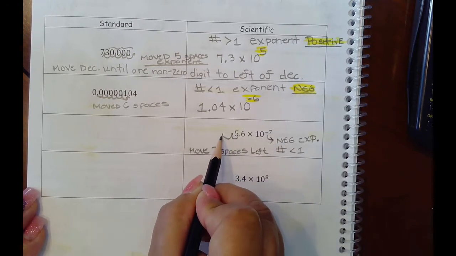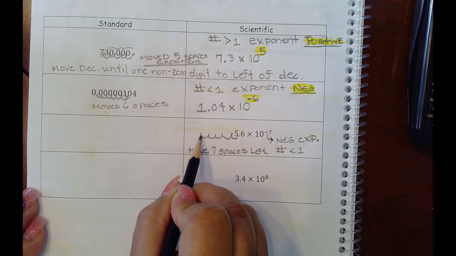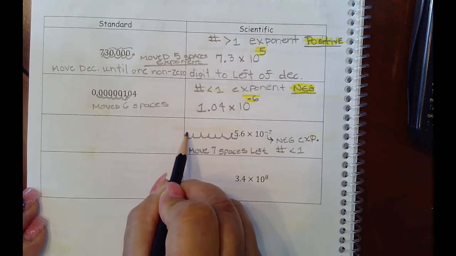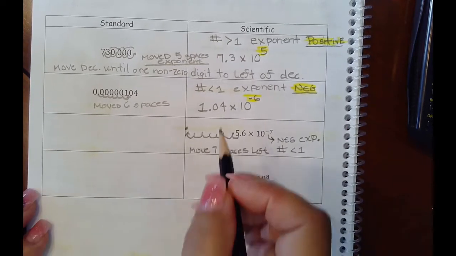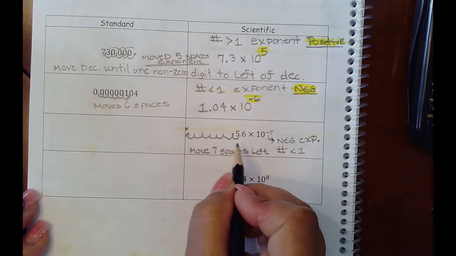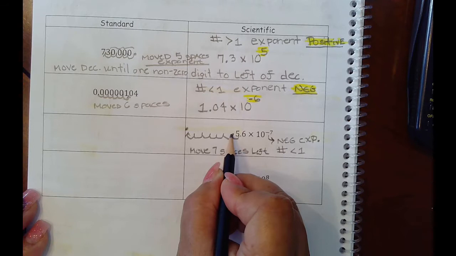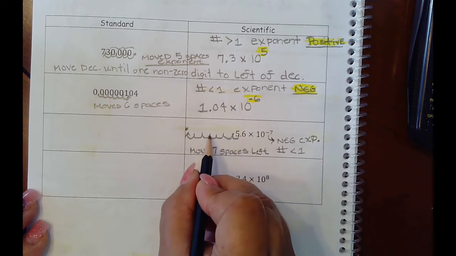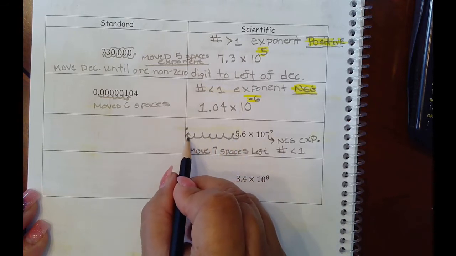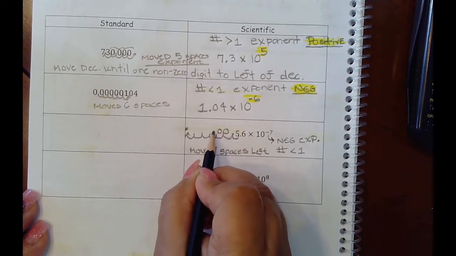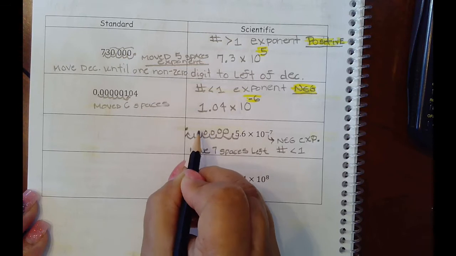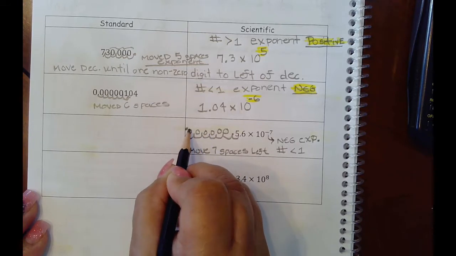So 1, 2, 3, 4, 5, 6. The decimal would end up right here. And all of these spaces that there were no numbers for, you fill in with zeros. So once around the 5, 2, 3, 4, 5, 6, 7 spaces total. Put a 0 in there, a 0 in each of these spaces.